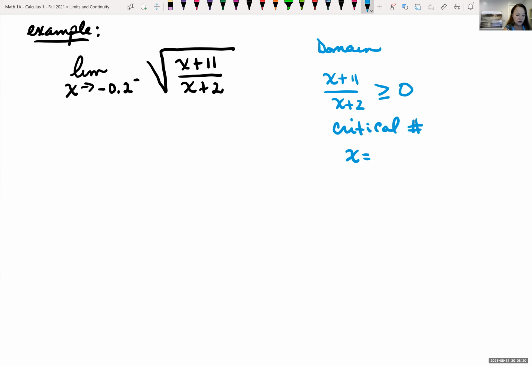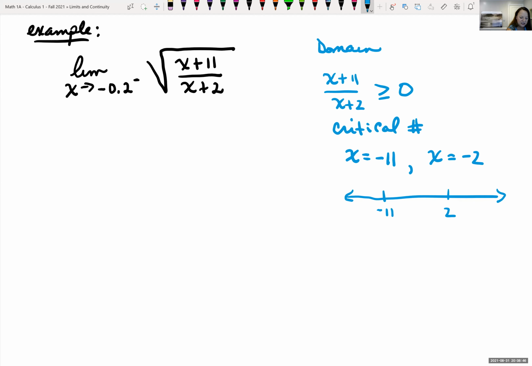So that would be x equals negative 11, because that sets my numerator equal to 0, and values which set my denominator equal to 0. So x equals negative 2, although it really can't be, because we can't divide by 0. I don't know if you guys remember, just going through really quickly.